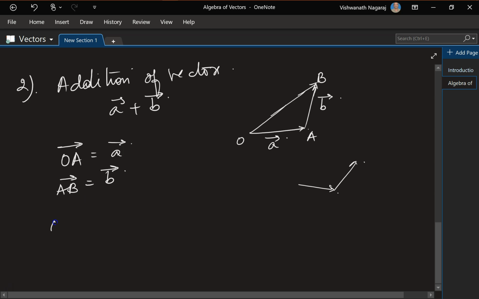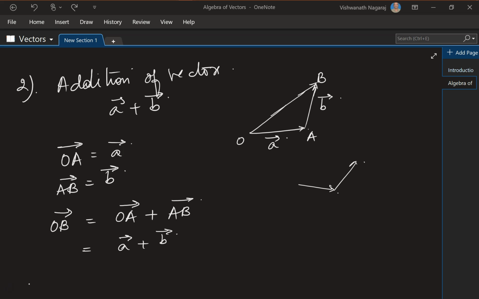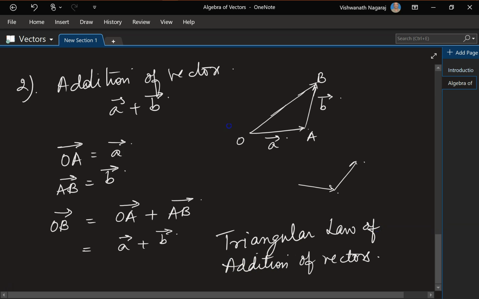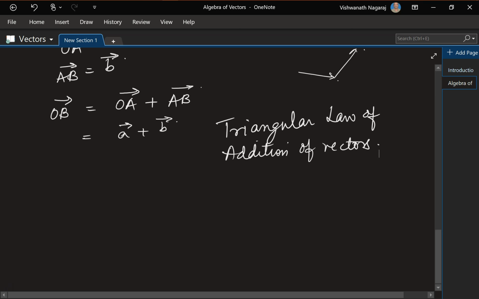So here OB is equal to OA plus AB, or vector A plus vector B. Now this is also called the triangular law of addition of vectors.